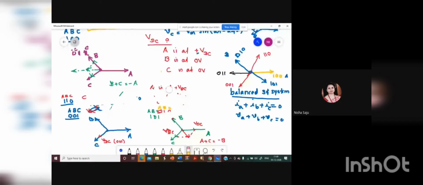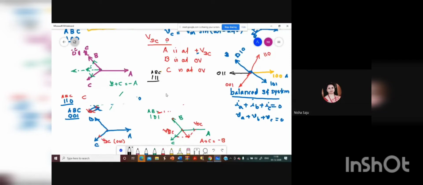So if you are having 1, 1, 1, what does it imply? A is at plus VDC, B is at plus VDC, C is at plus VDC. Then what will you get?